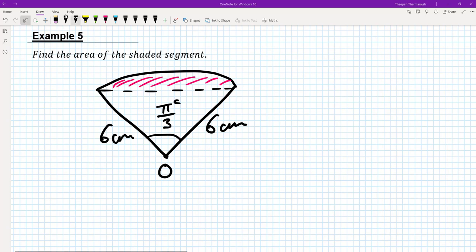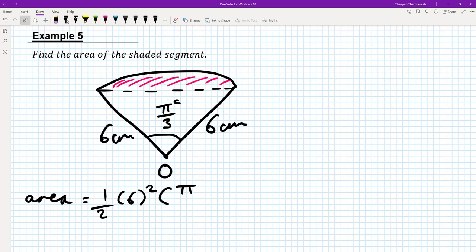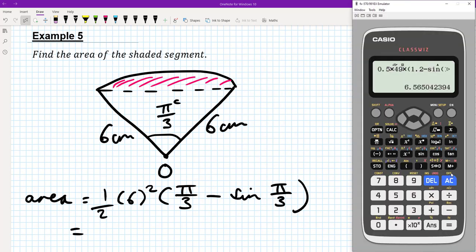Okay, welcome back. So let's write down the formula. So the area is equal to a half times 6 squared times pi over 3 minus sine pi over 3. Don't forget our calculator needs to be in radians mode, so we can work that out.